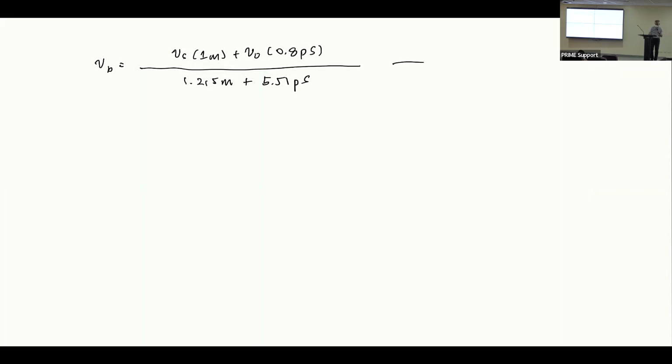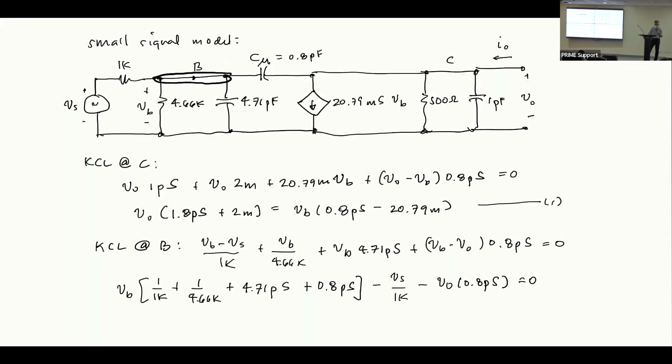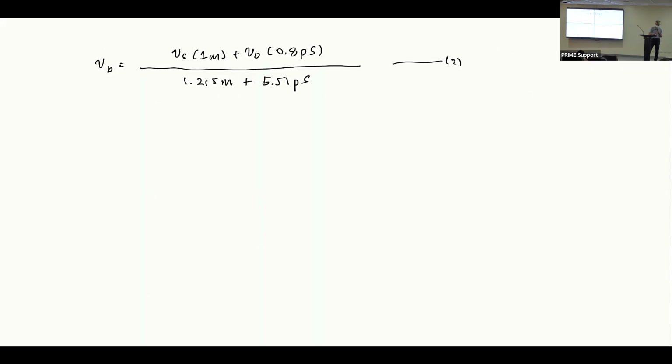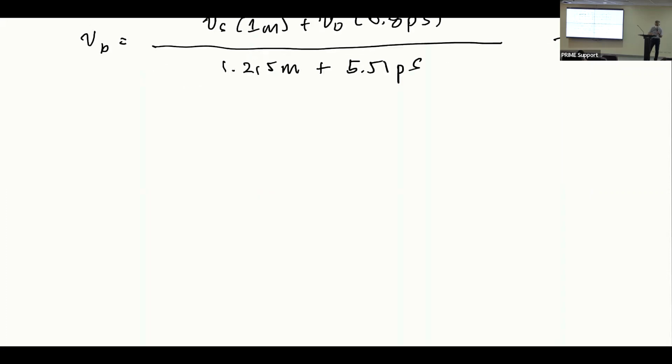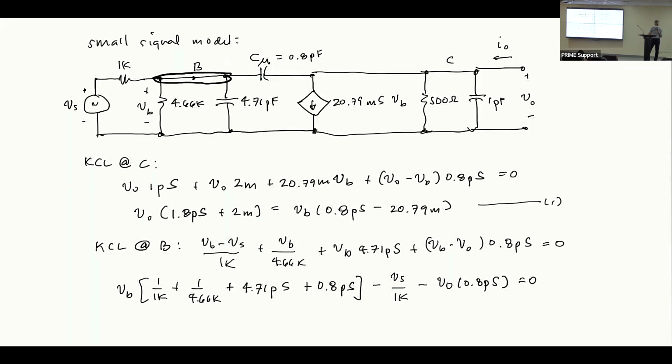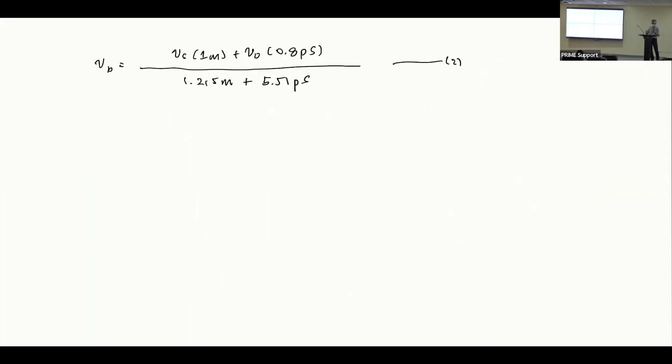So what I do, I substitute my second equation into my first equation. Itong expression ko for V sub B, I substitute into this. You can already see that this is going to be a very involving process. Okay, so let me just write that out.